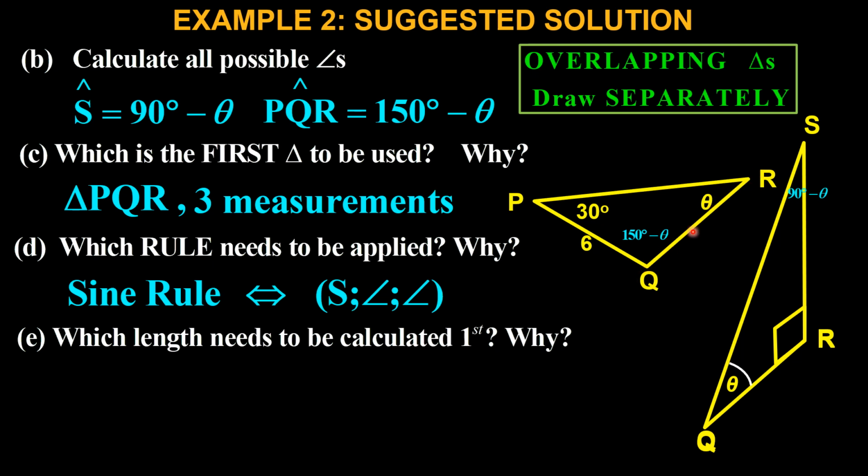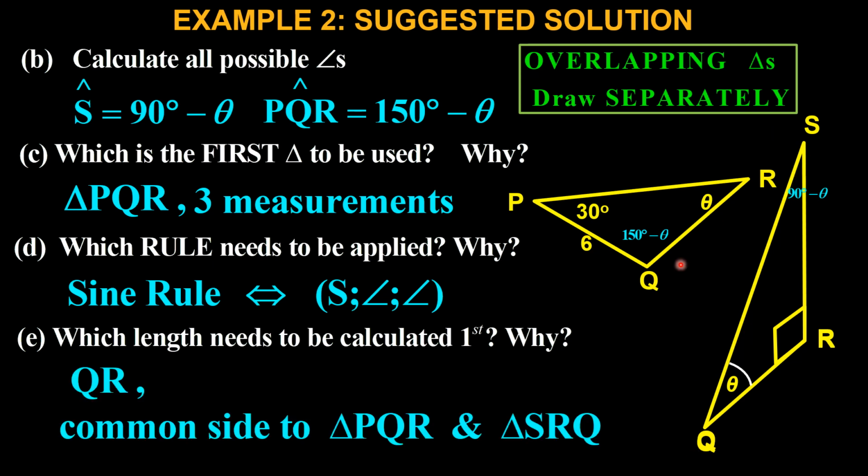And why the QR? Because QR is common to the other triangle. See, there's also a QR. If I work out PR, it's not going to help me in this triangle. So it's QR. We can even look at the naming of the triangles, PQR, SQR. Right? So there's a QR and there's also a QR. So QR is common there.